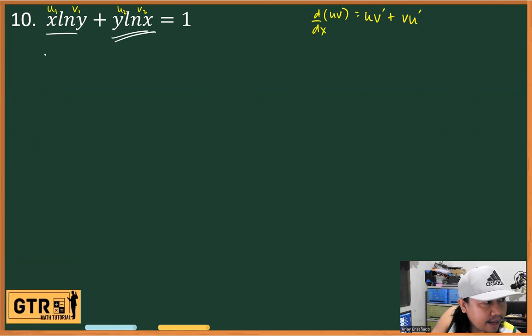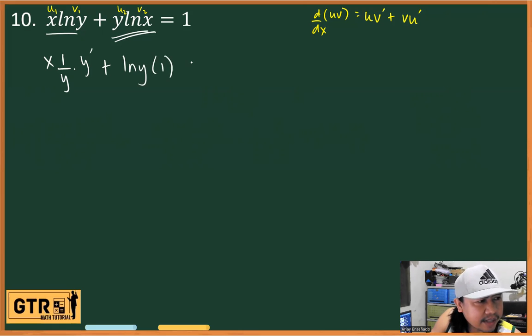Okay, so just apply the product rule. We have x derivative of ln y. So direct formula for ln u, we have 1 over y times derivative of y with respect to x, and that is y prime. Plus, x ln y plus v naman, we have ln y, derivative of x is 1. Okay?